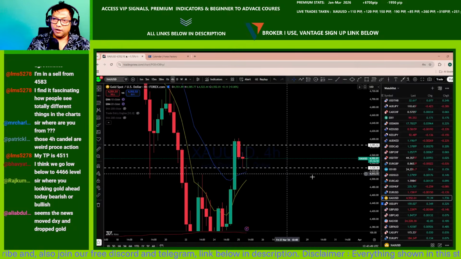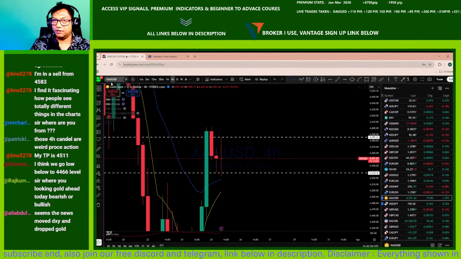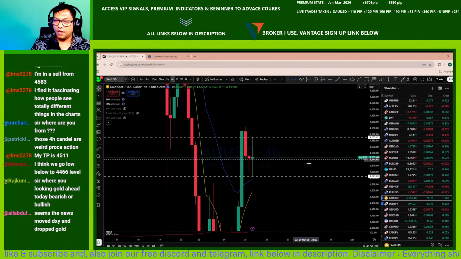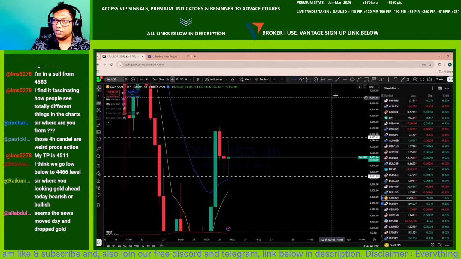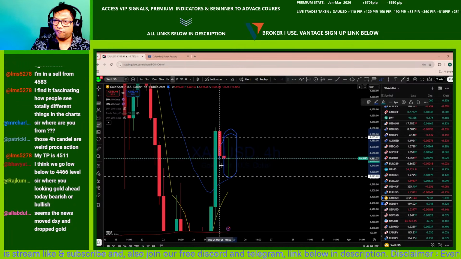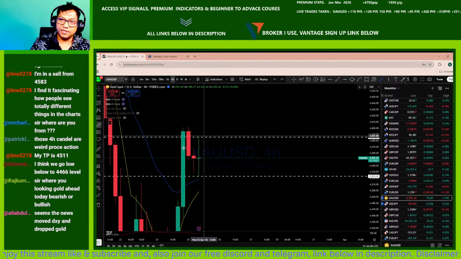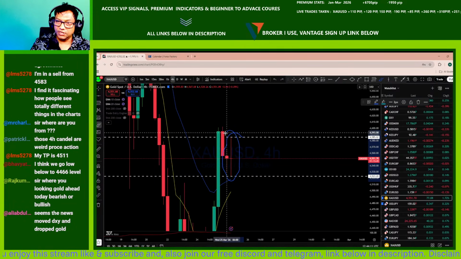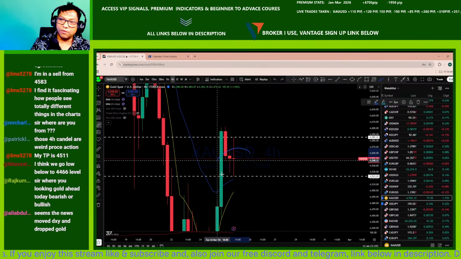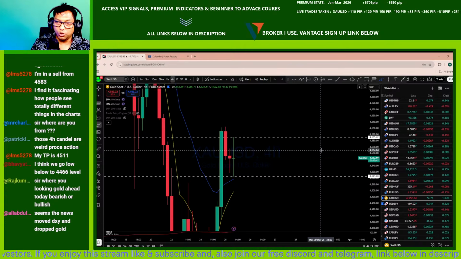Okay, so here if you look at that, this is a very interesting price action that you can see here. Okay, and with this interesting market structure, a long wick 4 hour doji has formed so far, and this kind of market structure is usually still signaling that bullish movement.